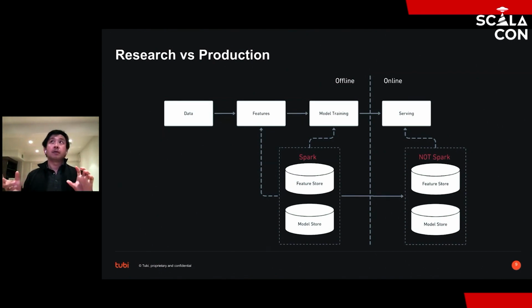So you have this dichotomy of you need systems and representations of the model and the features that need to meet different SLAs and different requirements, but you really shouldn't have to rewrite the same code, right? So I wouldn't really trust an ML researcher to write a robust Akka Streams service or Akka service, and vice versa.